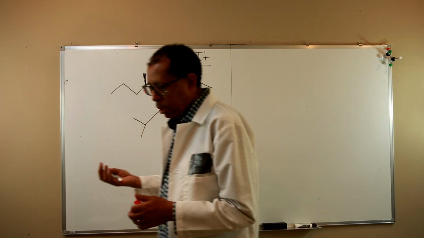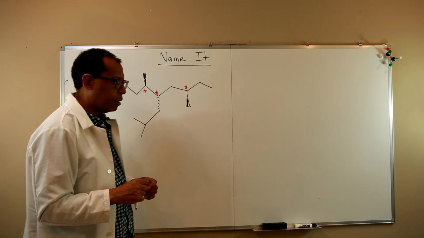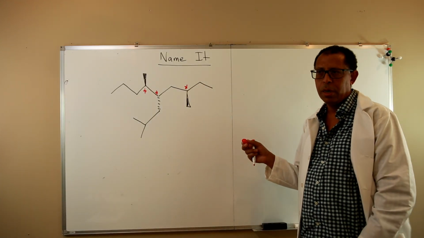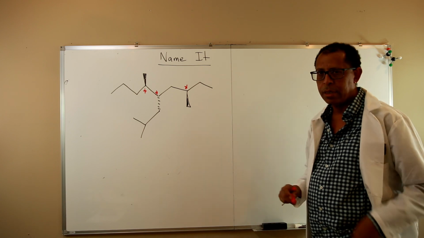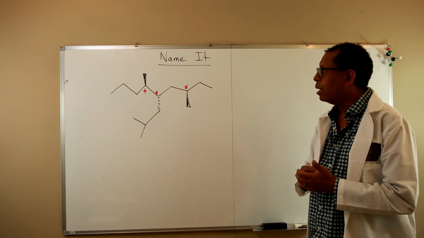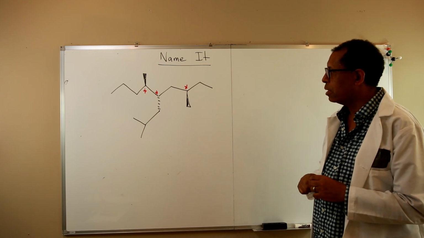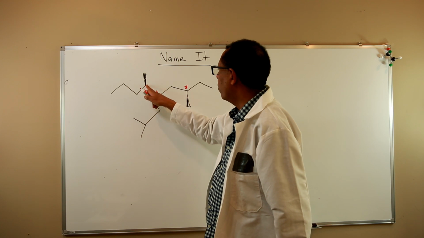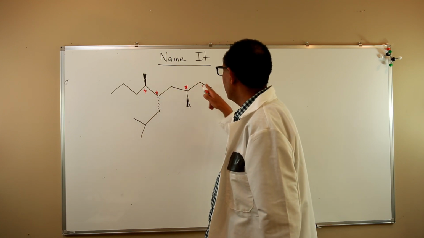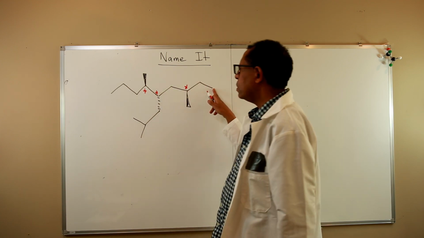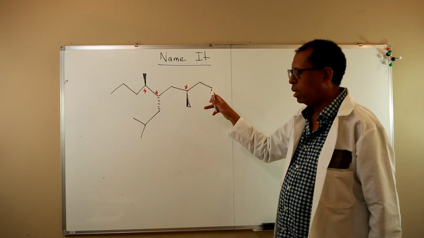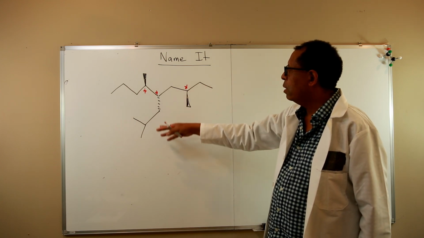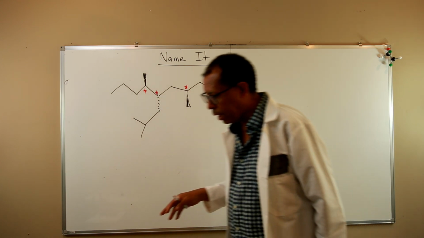If you remember in IUPAC naming, the first thing is to identify the longest chain, especially when it's an aliphatic chain like this. What is the longest chain you want to consider? If you just look here, 1, 2, 3, 4, 5, 6, 7, 8, 9. That's a 9 carbon compound, so you have all the substituents in one line.